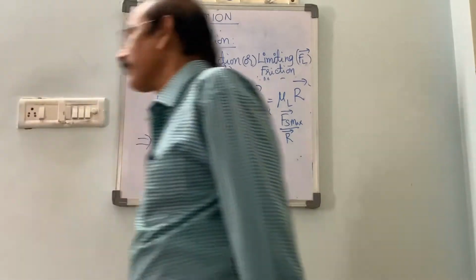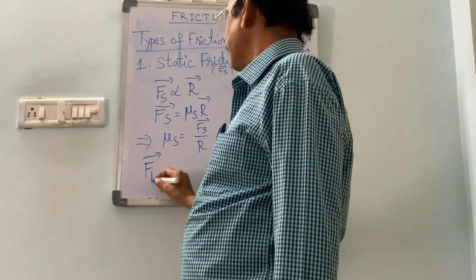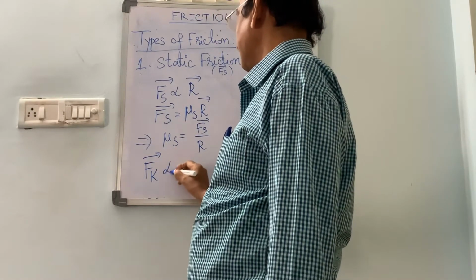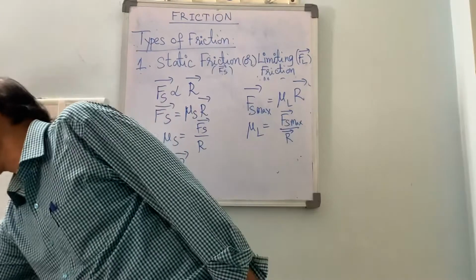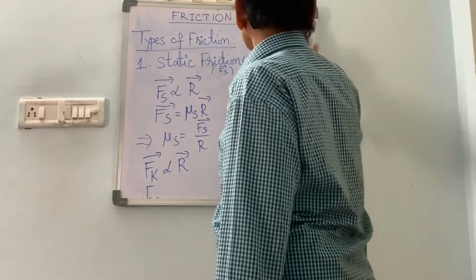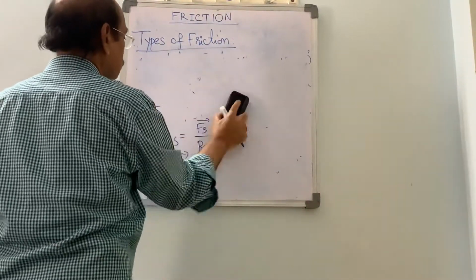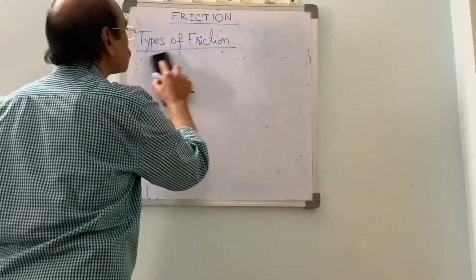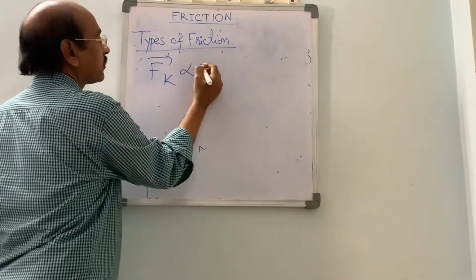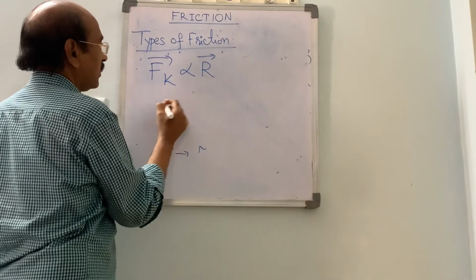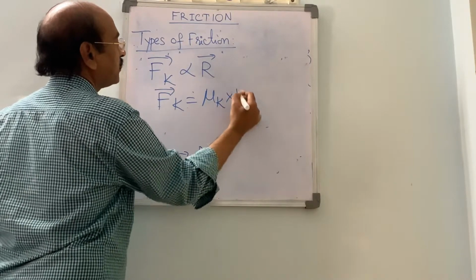Now similarly, in the case of kinetic friction, the frictional force present between the two surfaces in contact is directly proportional to R bar, the normal reaction force, or F bar K is equal to a proportionality constant mu K into R bar.